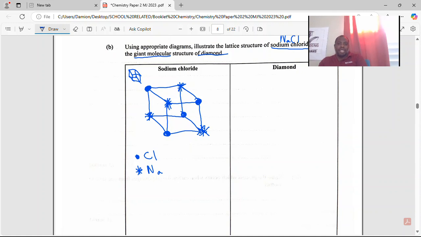Now with diamond, we say each carbon is technically bonded to 4 other carbons.